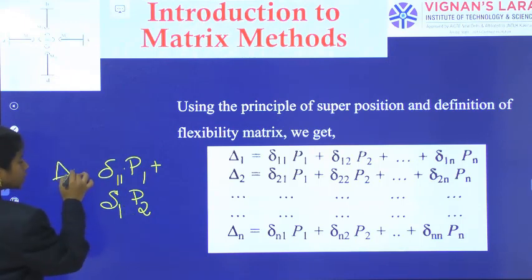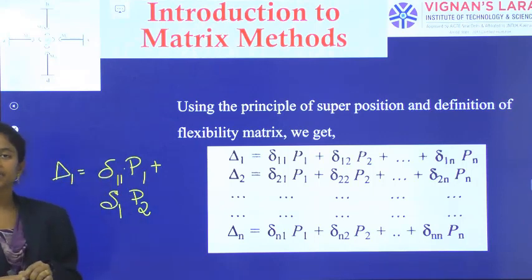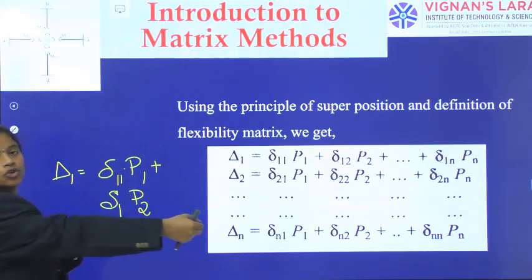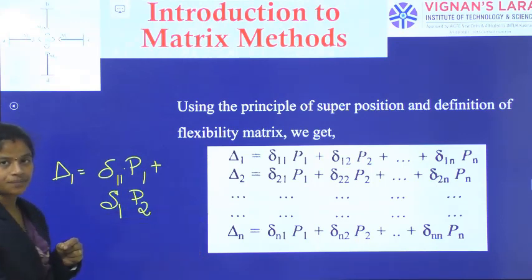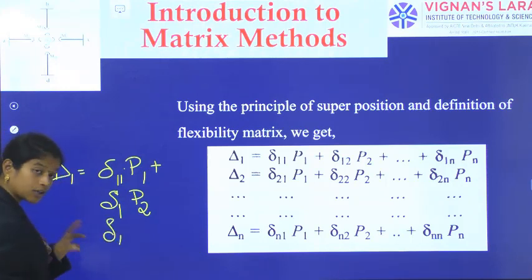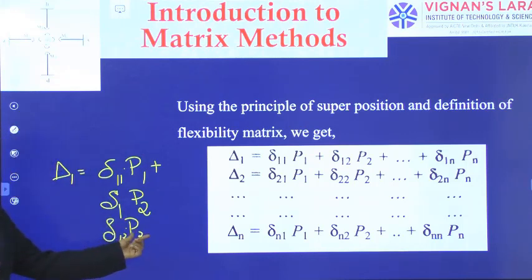So overall, what is the total displacement at 1? Firstly, displacement at 1 due to force application at 1. Next, displacement at 1 due to force application at the second coordinate. Next, displacement at 1 due to force application at the third coordinate, where a force of P3 is applied.